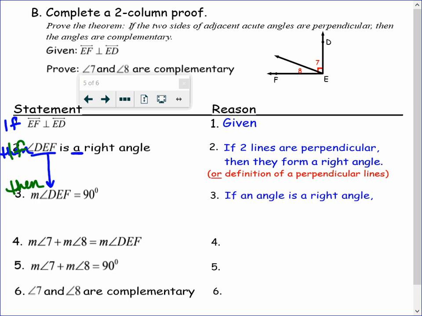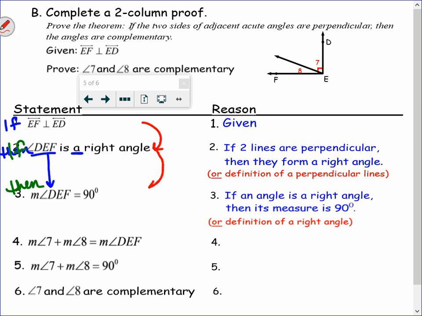If an angle is a right angle, that's what was happening in number 2, then its measure is 90 degrees, or the definition of a right angle. So I wrote the given, and then I kind of ran with it, and I got 2 statements out of it.